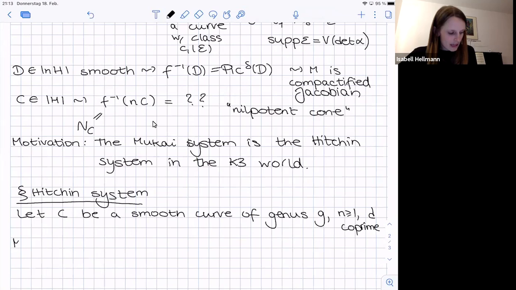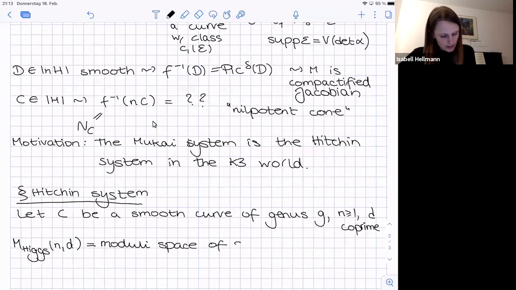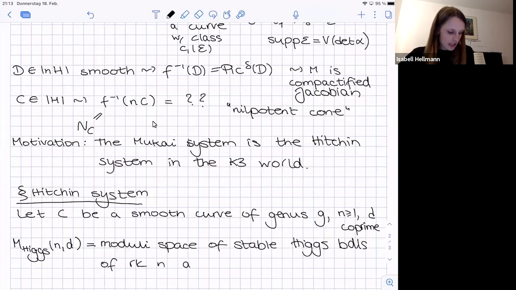Okay, and then I study the moduli space of so-called Higgs bundles. So this is the moduli space of stable Higgs bundles of rank n and degree d.